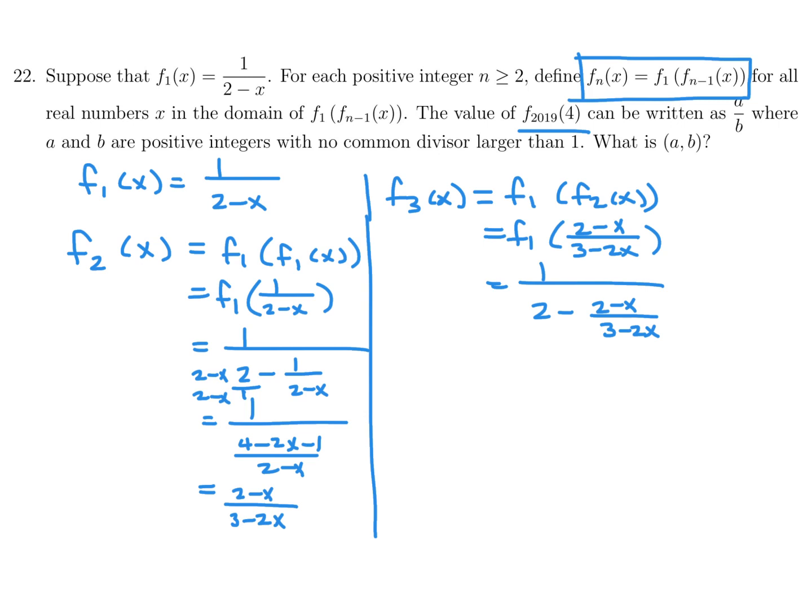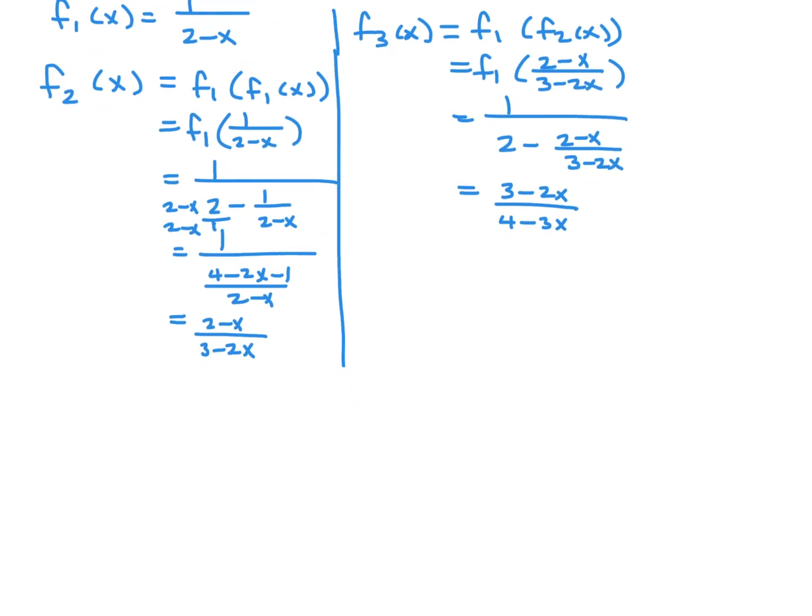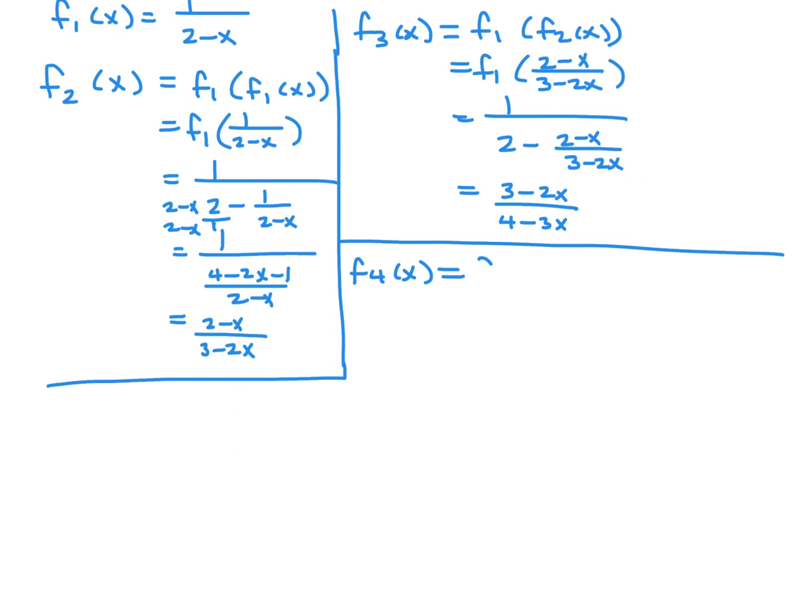And then when you crunch this out, it'll be 3 minus 2x over 4 minus 3x. Okay, some of you might be able to see a pattern, some of you won't, but that's okay. I'll do a few more. So f sub 4 of x is f sub 1 of f sub 3 of x. So this would be f sub 1 of (3 minus 2x over 4 minus 3x).